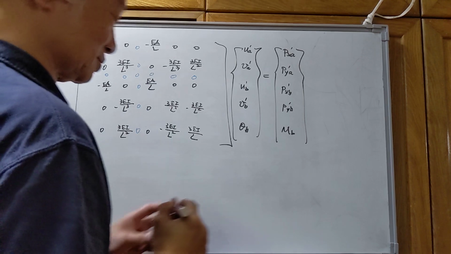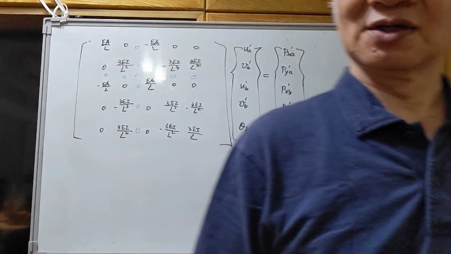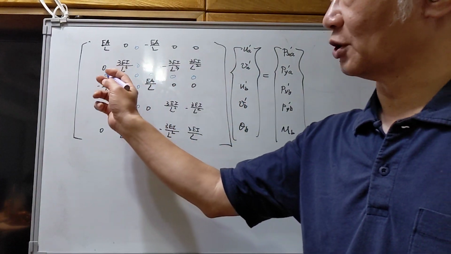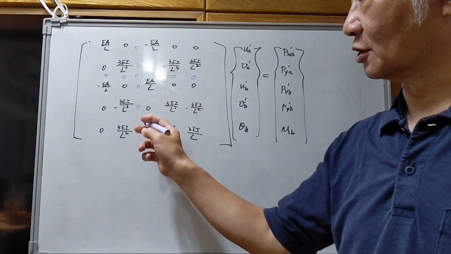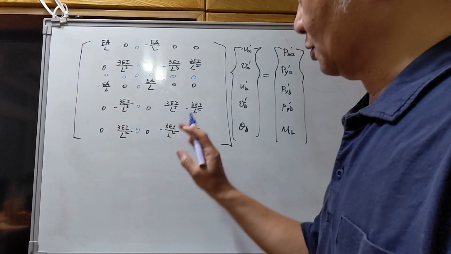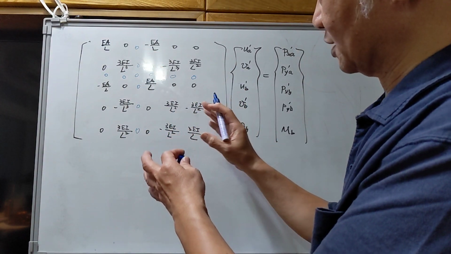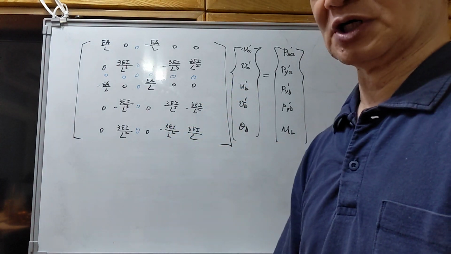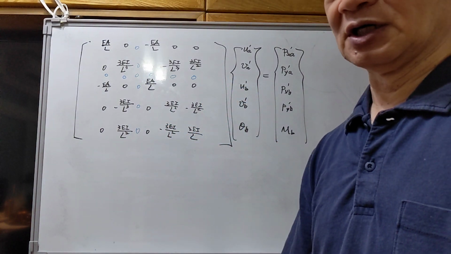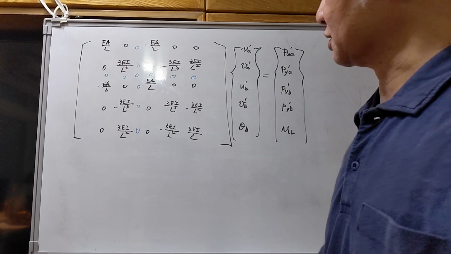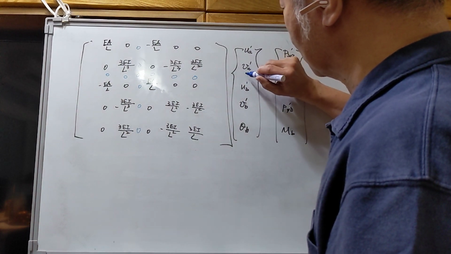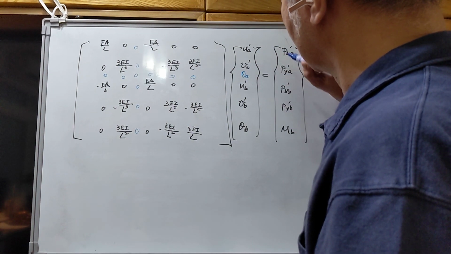Okay, so that's what we can do. We will add a row of 0 and a column of 0 to change the condensed matrix back to the 6 by 6 matrix. And here will be the theta A.